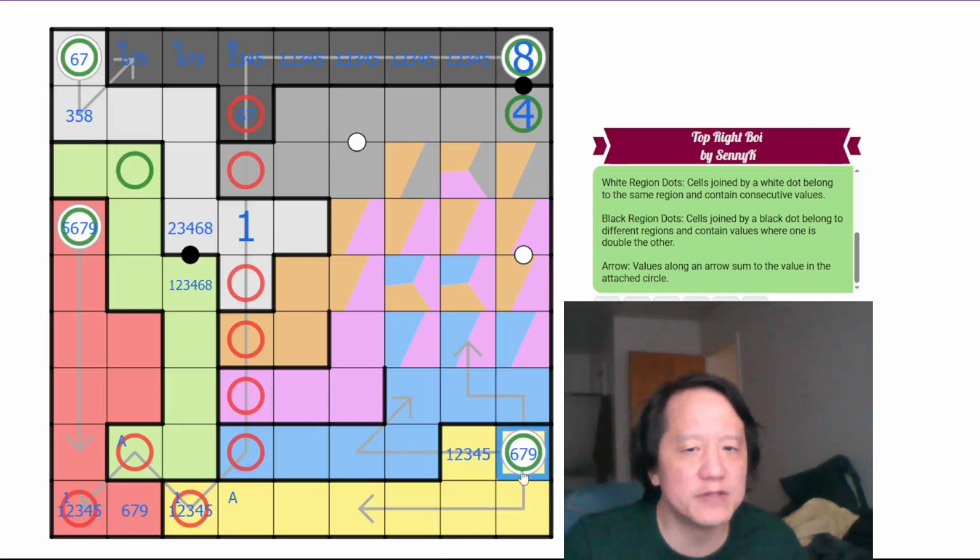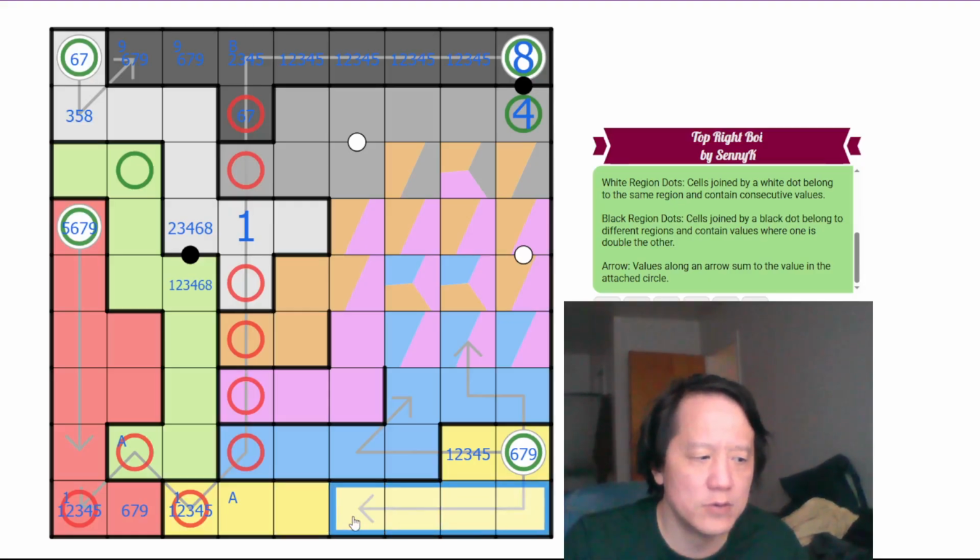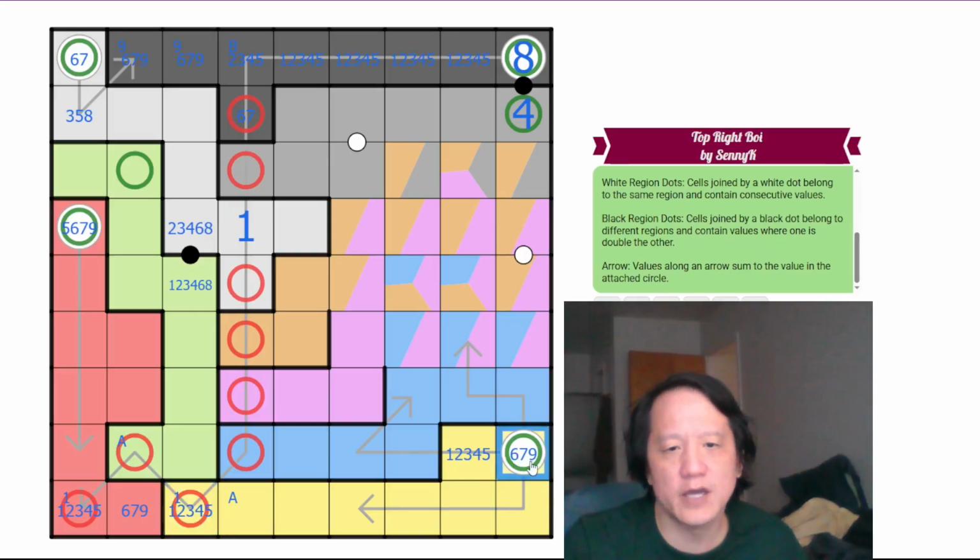I don't think this can be doubled 6. Because again, if this is 6, you don't have a 6 available for this arrow. So that would be 1, 2, 4, 5 guaranteed. But that would eliminate too many possibilities for these two cells. So this cannot be 6.